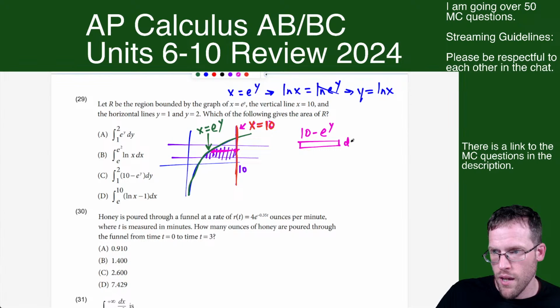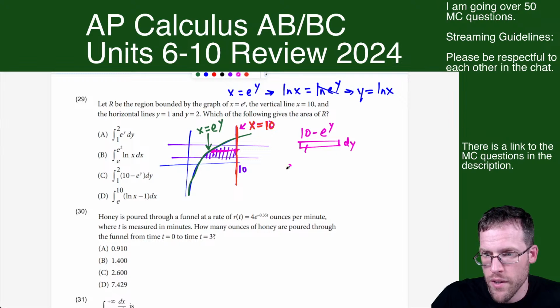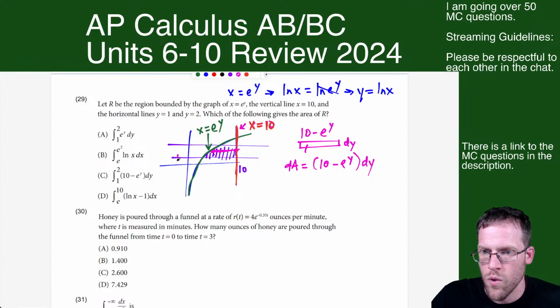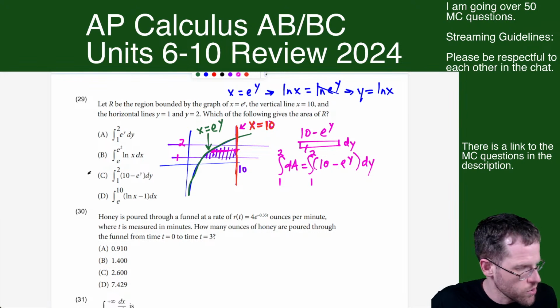And that small change in the vertical direction now is dy. So the area is base times height, 10 minus e to the y times dy, and now just integrate from 1 to 2, from the bottom to the top. So it's the integral from 1 to 2 of 10 minus e to the y dy, looking like choice C.